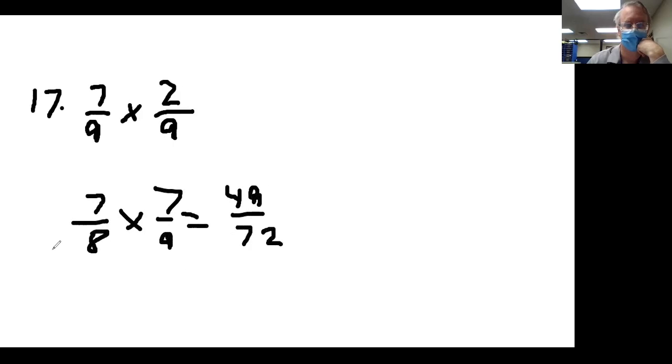So I'm still able to multiply unlike terms, but with addition, you cannot do that. With multiplication, you can. So this one here is 7 times 2 is 14.